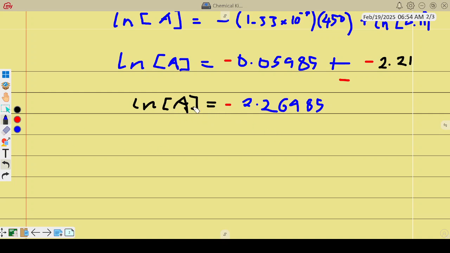Now as we conclude, let's get rid of the ln. How do you get rid of the ln?